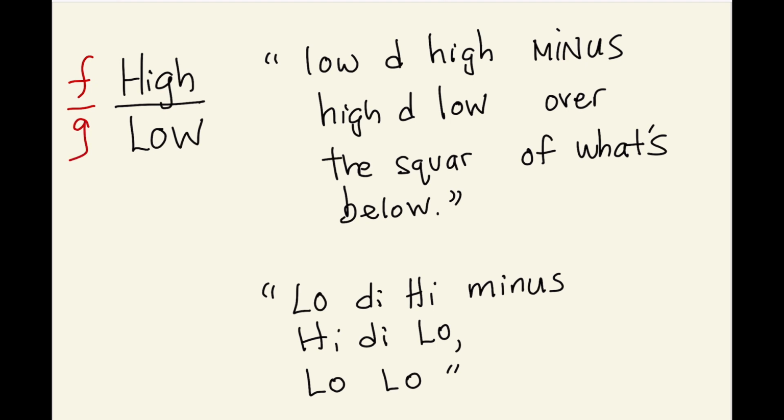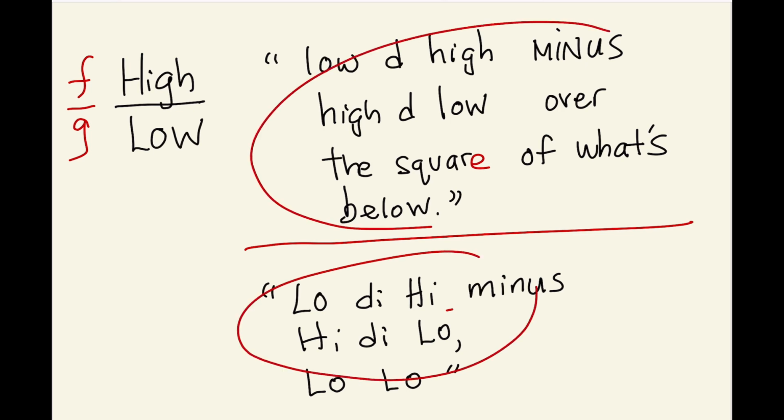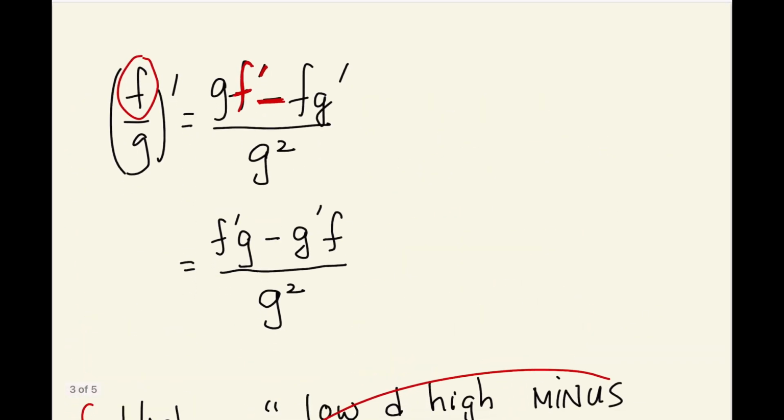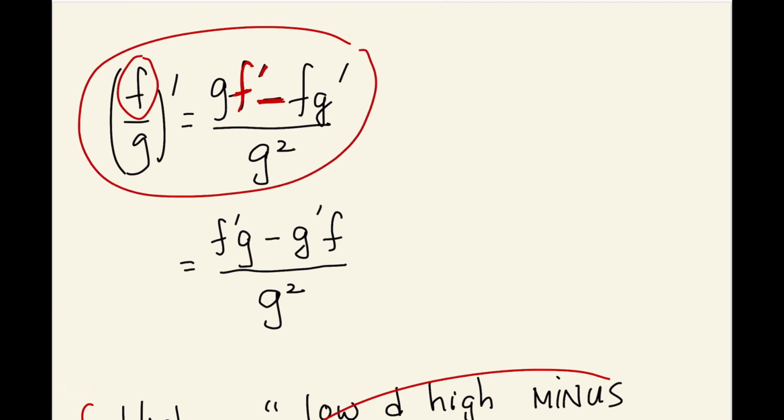High is for f, low is for g, and they remember little songs like "low D high minus high D low over the square of what's below." Or some people use "low D high minus high D low, low, low." I can never remember either of these, and for me it's easier to just remember the rule. But whatever works for you.